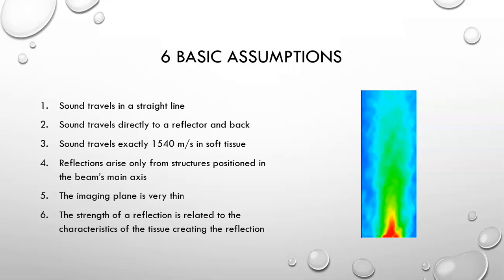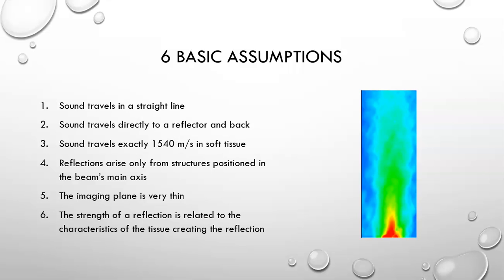Every ultrasound machine assumes that sound travels in a straight line. It assumes that sound travels directly to a reflector and the echo travels directly back. The machine assumes that the sound is traveling at exactly 1540 meters per second.